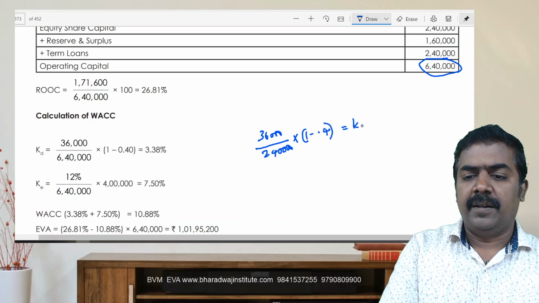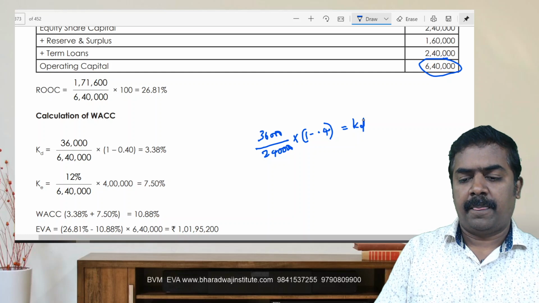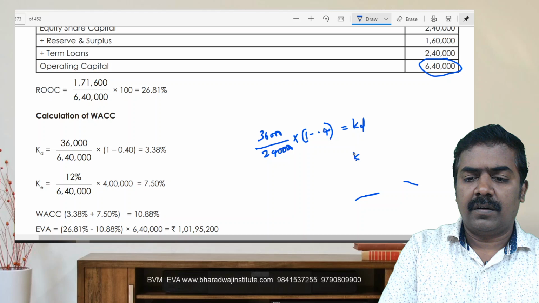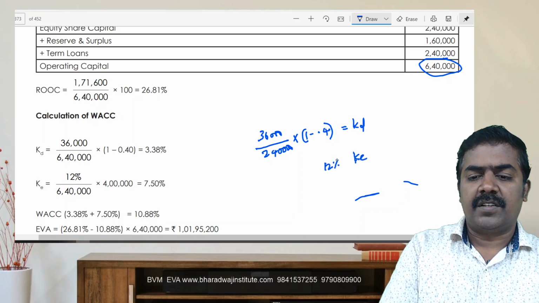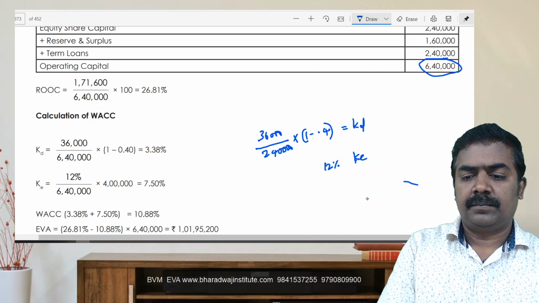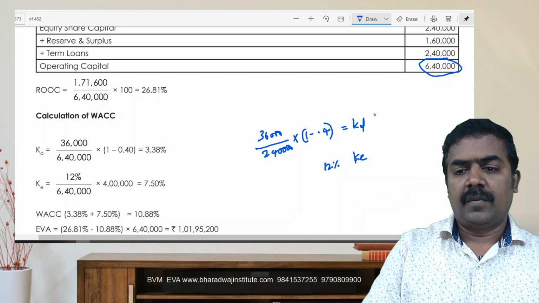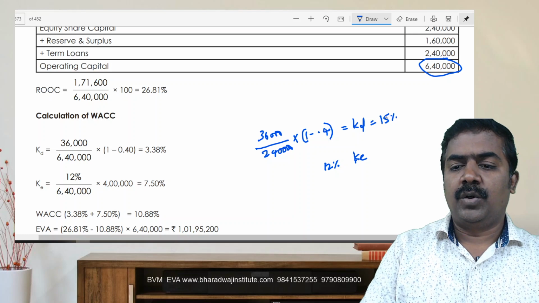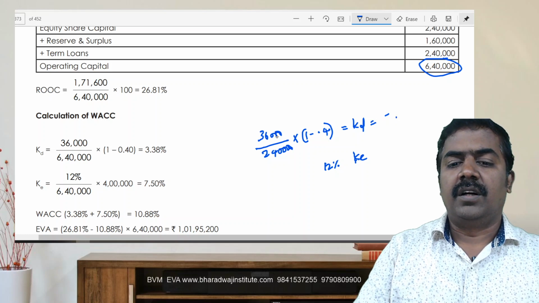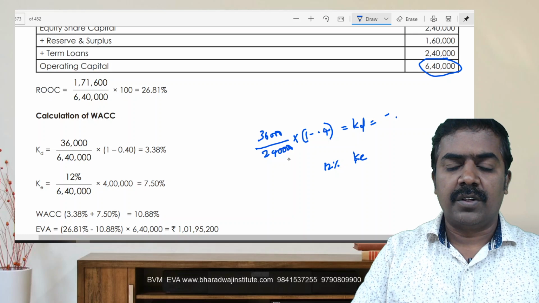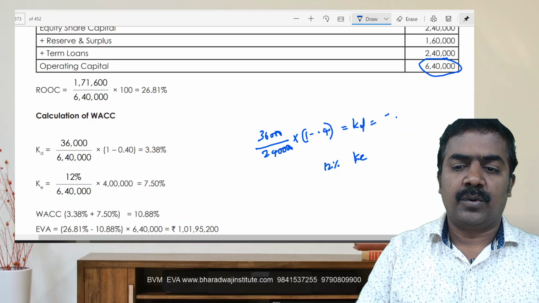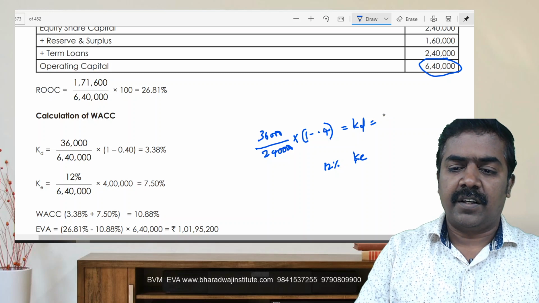This will give us KD, and the cost of equity we know is 12%. So what is KD? It will give us 15% into 1 minus 0.4, so it will give us 9%, I hope.